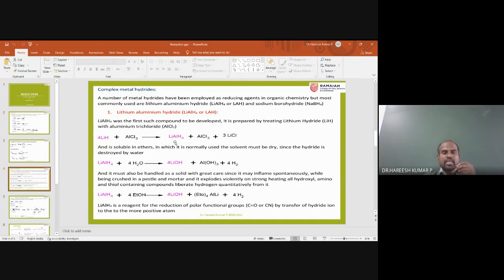This lithium aluminum hydride can react with moisture present in water. So it means you have to do the reaction in an inert atmosphere. Inert atmosphere means the reaction flask should be free from water and free from air.